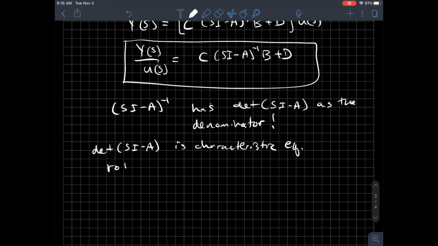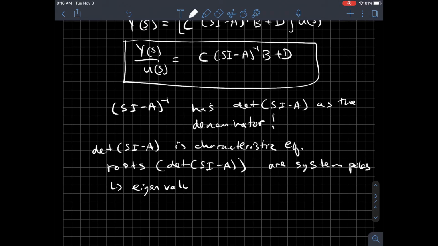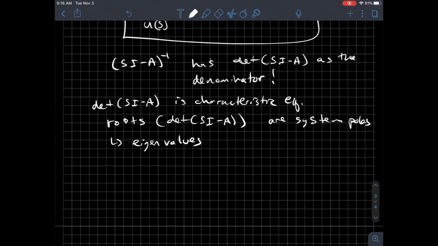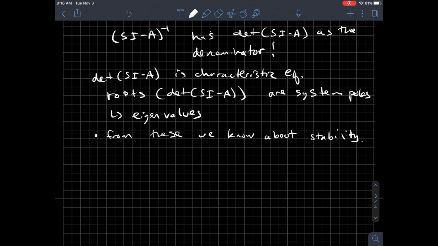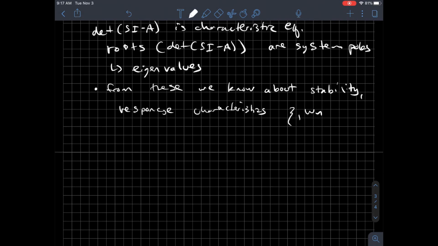The roots of that determinant are, in fact, the system poles, also called the eigenvalues. From these, we know about stability. If the eigenvalues all have negative real parts, then I know for sure the system is stable. We also know the response characteristics because we can find zeta, omega n, and other information about the damping and response.